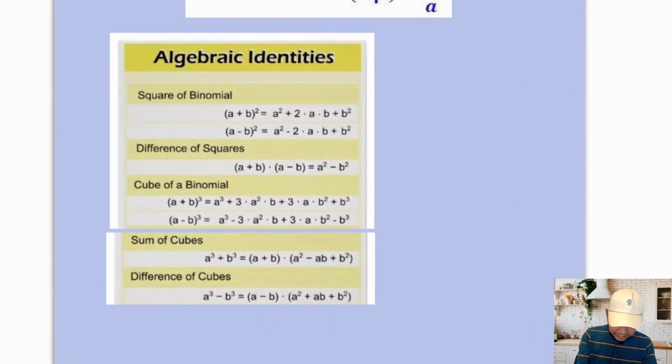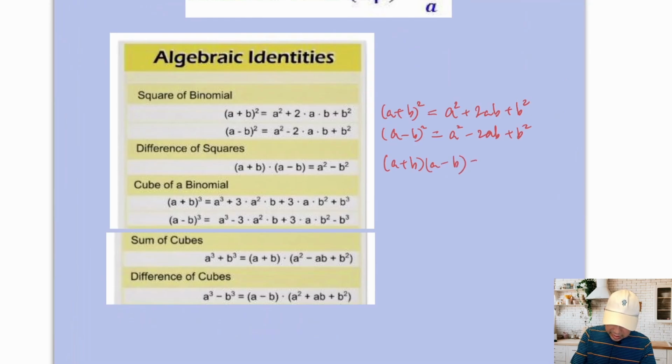The first one, A plus B squared is equal to A squared plus 2AB plus B squared. A minus B squared, all the things are the same except the middle one. The third one, A plus B times A minus B is A squared minus B squared.